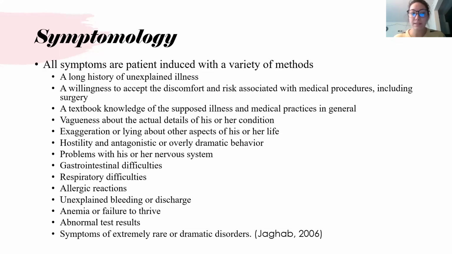The symptomology behind this, you've seen a lot of these examples in the video, but all symptoms are patient-induced, so they do this to themselves, and that happens in a lot of different ways, which I'll touch on after I go over the symptoms.